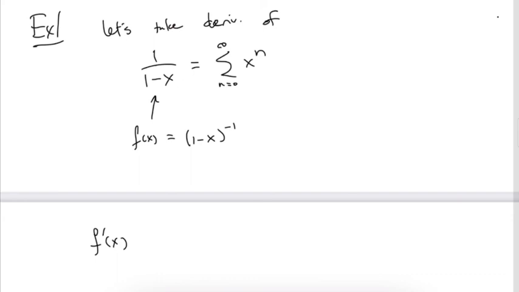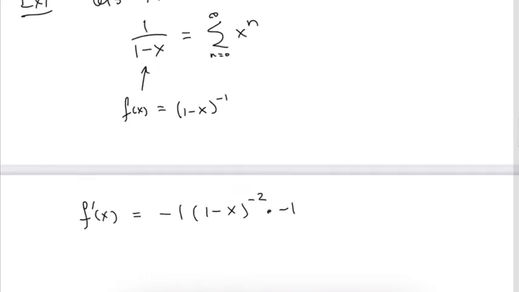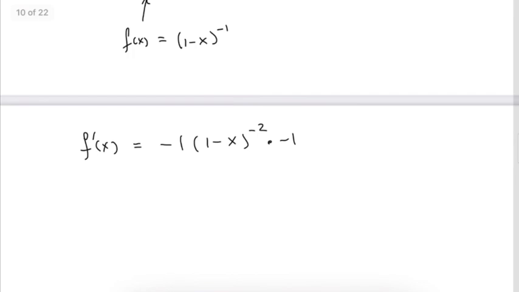So I'm going to say f prime of x is the chain rule, minus 1, 1 minus x to the minus 2, and then times the derivative of the inside, which is negative 1, right? Derivative of 1 minus x is negative 1. If we simplify all that, the minus 1's cancel, and I just get 1 minus x to the negative 2. I'm going to write that this way. That's what the negative 2 power means. All right?